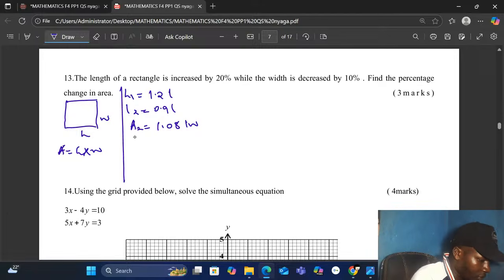Now, this is the new area. So the area now will be equal to 1.08 LW minus the actual area, which is length times width.